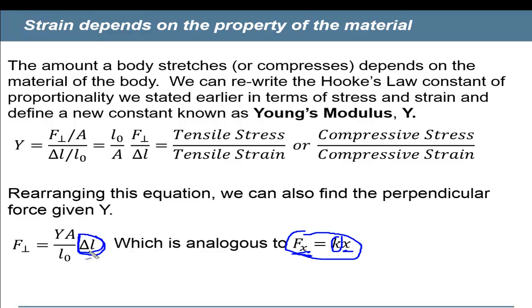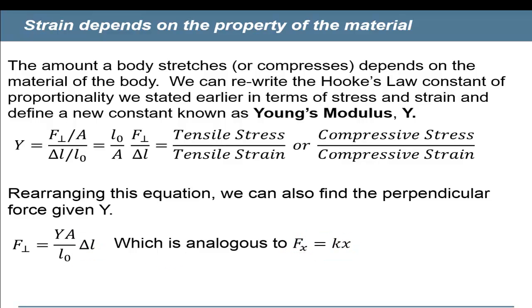So delta L is our displacement here, and the constant of proportionality is Young's modulus times the area divided by the original length. Because the amount it stretches is going to be dependent on the amount of material there is to stretch, right? So it's dependent on the length. It's also dependent on the area, because that's how we'll get our force, and also on Young's modulus, which depends on the material here.